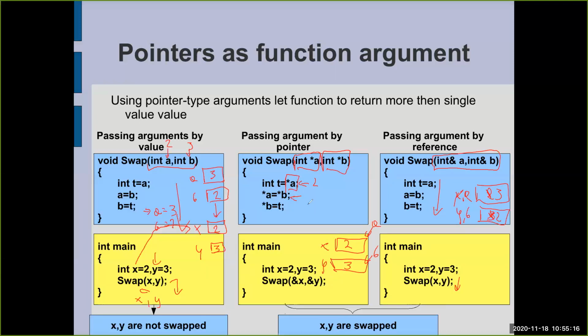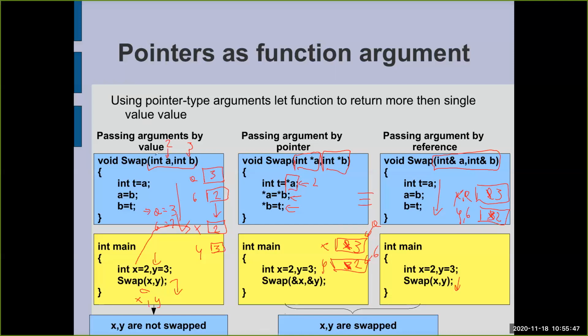So in this situation, 3 is written here. And then we have asterisk b is equal to t, so it will affect y. So it will be 2. So you can see that the final effect is the same as in the reference case. So in this case, x and y are swapped.